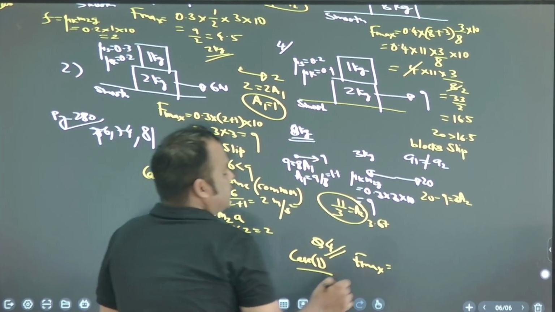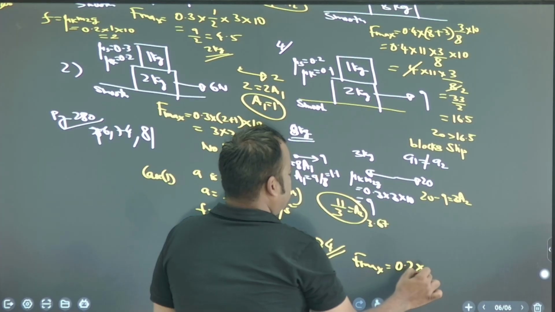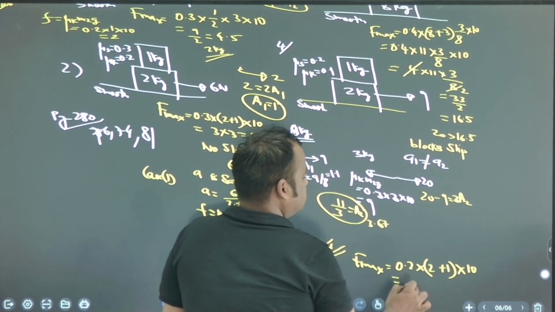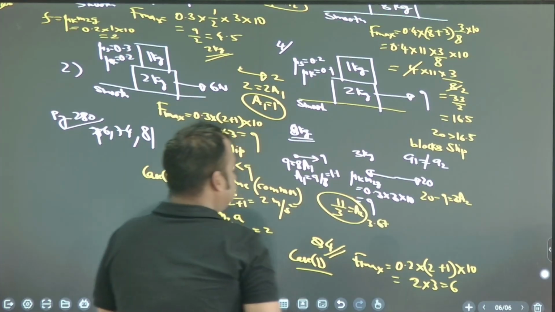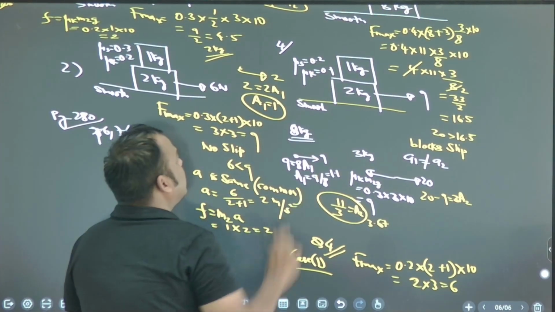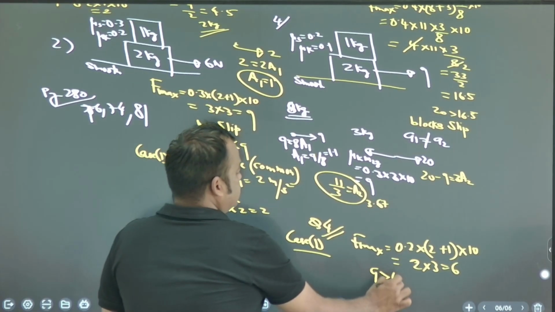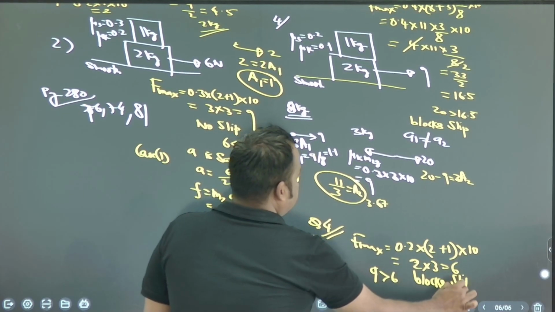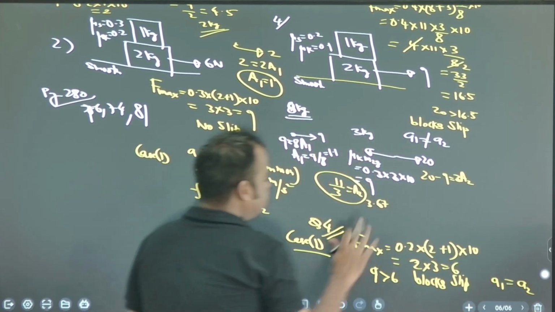Case 1, F max is mu s (m1 plus m2) into g, 2 into 3, so 6. And you are exerting 9. 9 is greater than 6. So blocks slip. Good. So blocks slip, A1 and A2 not equal.